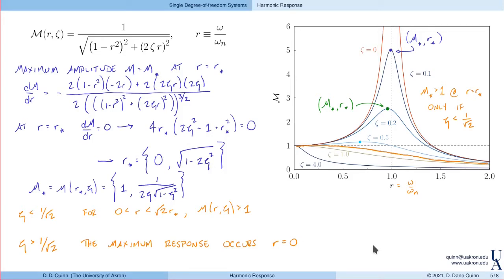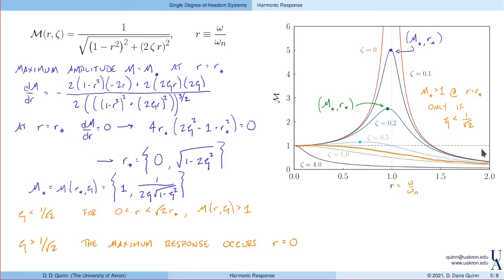So looking at this picture, we really have a description of how the amplitude changes, in particular as R changes, or back in terms of the physical parameters, as the forcing frequency changes. We see that for low values of damping, as we increase the forcing frequency, the amplitude actually rises. We peak at some forcing value that's typically near the natural frequency of the system, maybe a little below, before dropping off again at higher forcing frequencies.